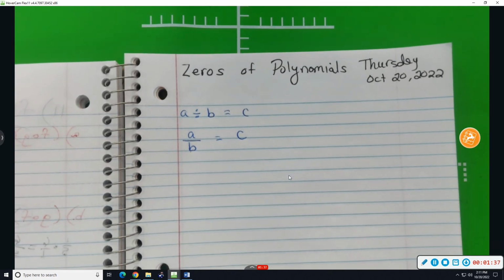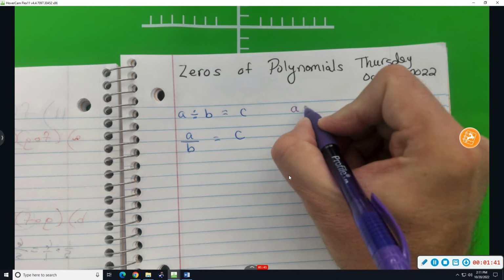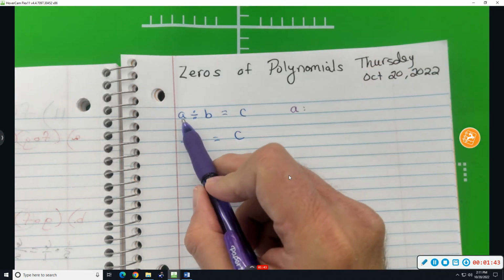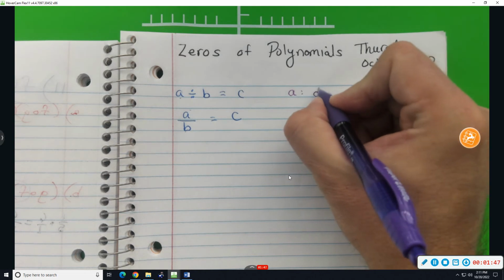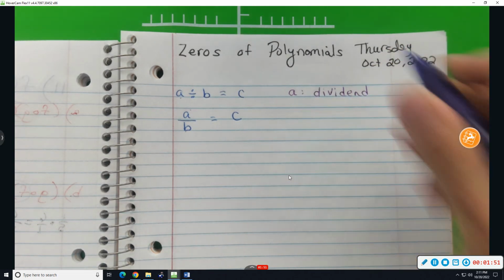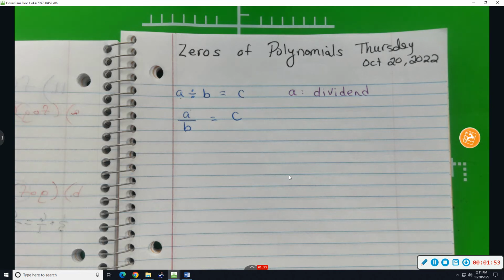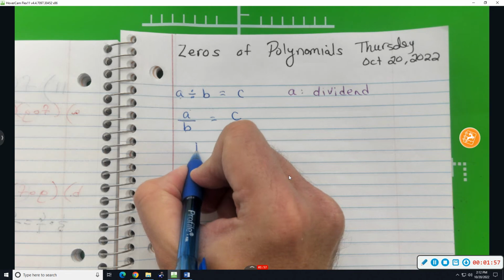But what I want to state is the terminology that I'm going to be using. The thing that's being divided, I denoted it A here, that's the dividend. Oh wait, there's a third way to write division.